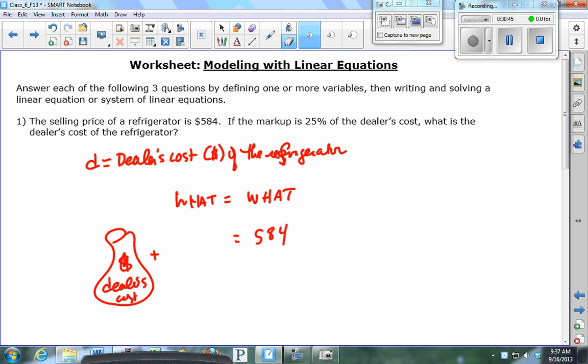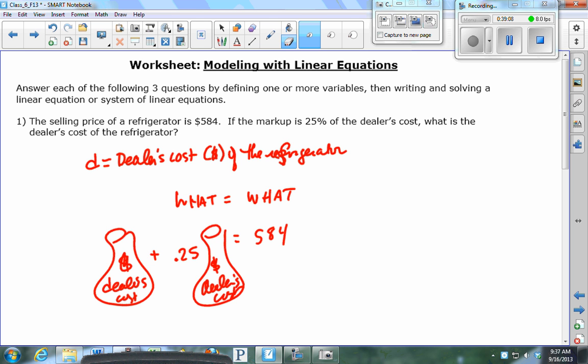This, right? The dealer's cost. You're taking all of that dealer's cost and you're adding a little bit more, right? You can maybe divide this into 4 equal parts, take out a chunk and add it to it. You're taking 25% more of this thing, of that bag that represents all the money in there called the dealer's cost.